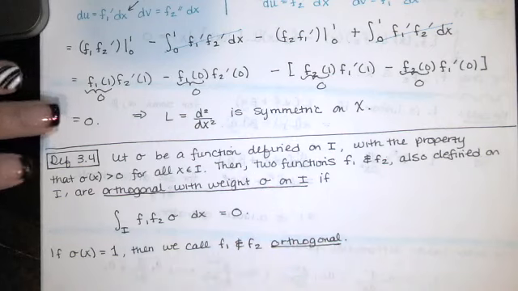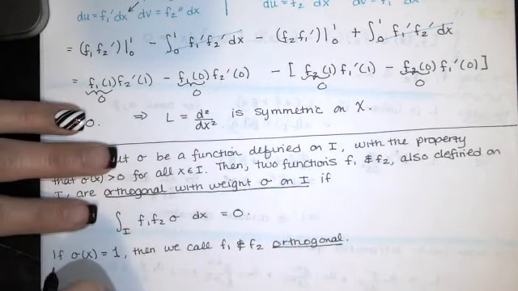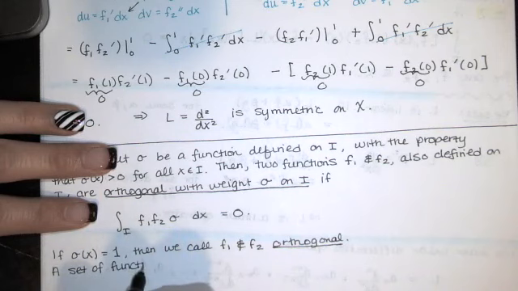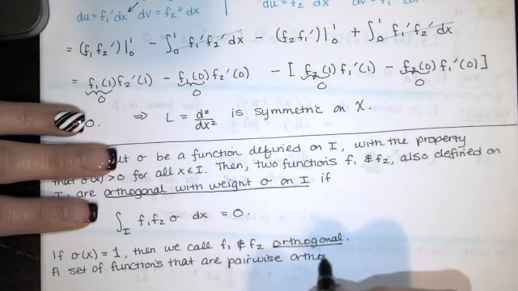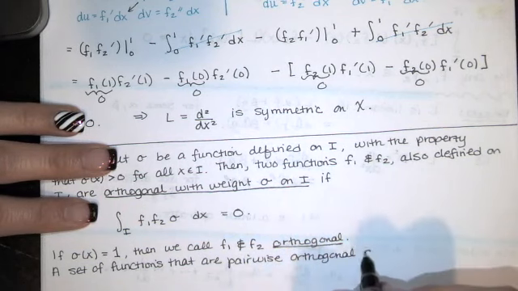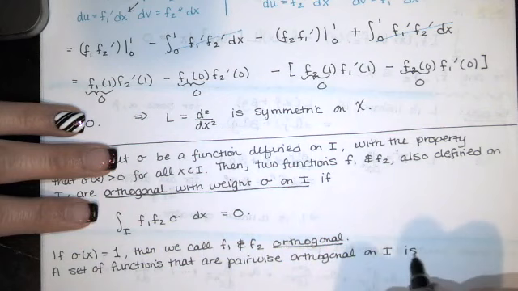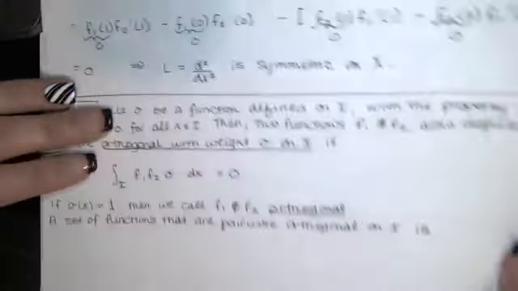And a set of functions that are pairwise orthogonal is called an orthogonal set.